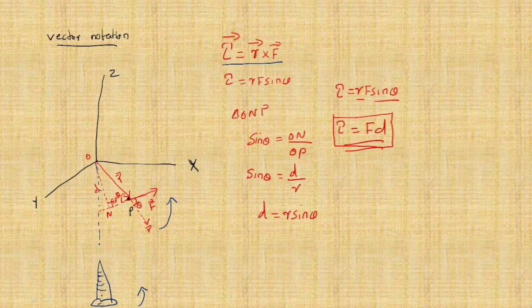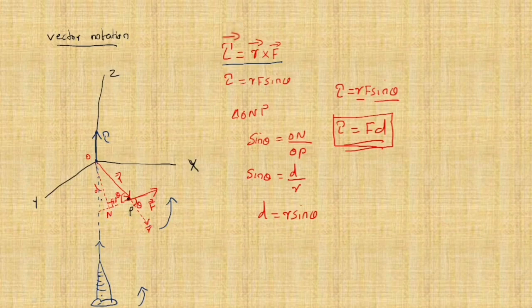In this case, in which direction will the screw advance? The tip of the screw will advance upward. That means here the direction of torque will be upward, perpendicular to the plane containing the position vector and the force vector.